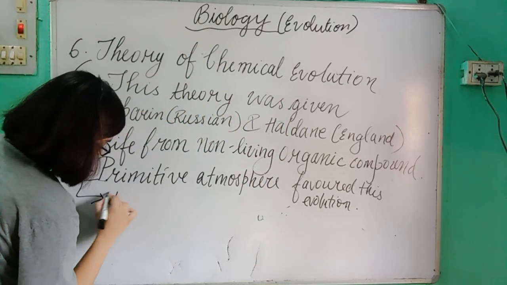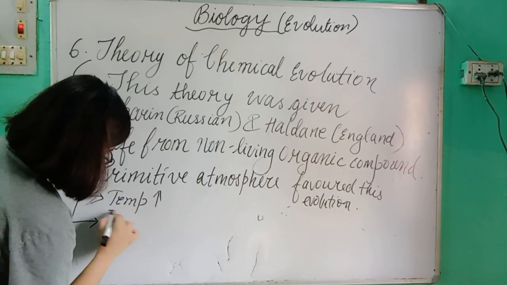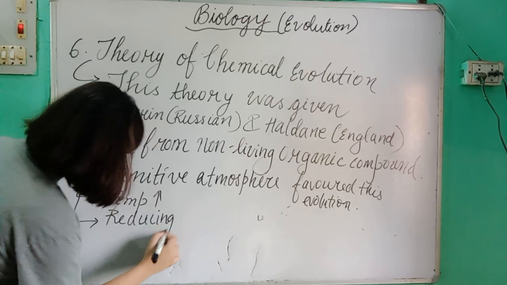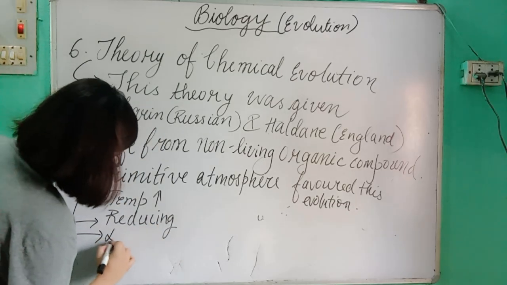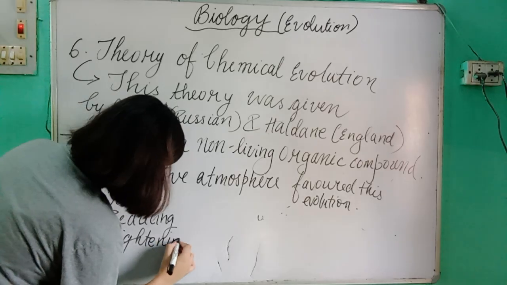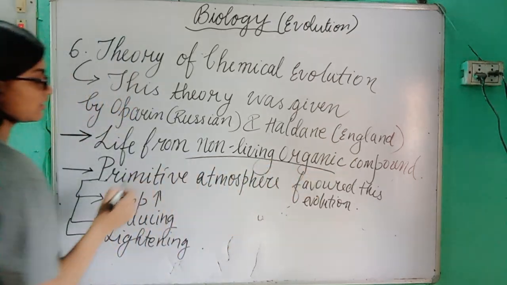It had high temperature, was reducing in nature, and also lightning was there. So these were the characteristics of the primitive atmosphere which favored the chemical evolution.